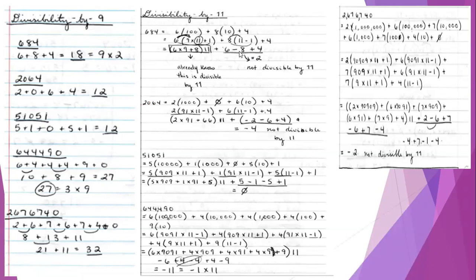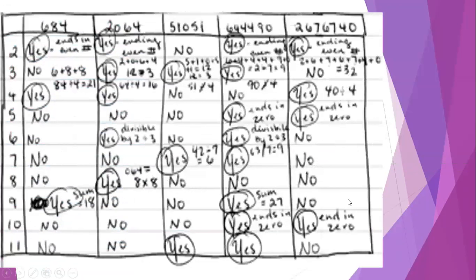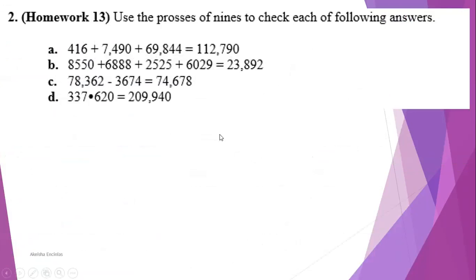So 6 minus 8 is -2, plus 4 is +2. That's not 0 or 11, so the whole number is not going to be divisible by 11. And on to the answers, which are right here. So moving on to the next one, which will be a little bit easier.